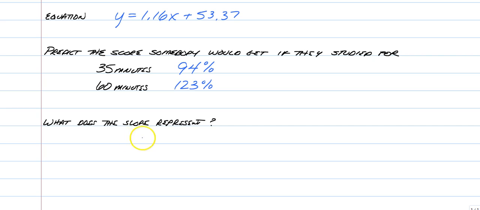So you would just say the percent your grade increases, since it's positive, per minute of studying. Okay, so that is what we're talking about when we're working with linear models.